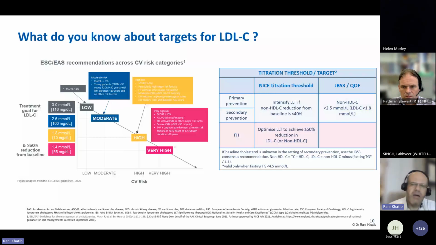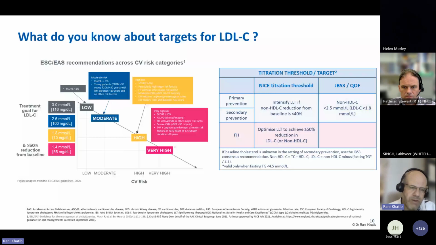So FH is different. But the numbers to remember are: you need more than 40% reduction in non-HDL cholesterol, and if you want to convert that into more up-to-date targets, think LDL less than 1.8, non-HDL cholesterol less than 2.5.